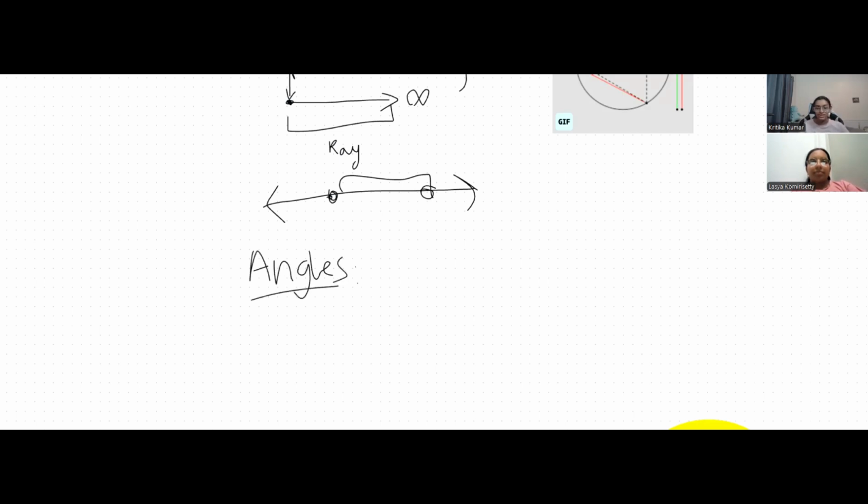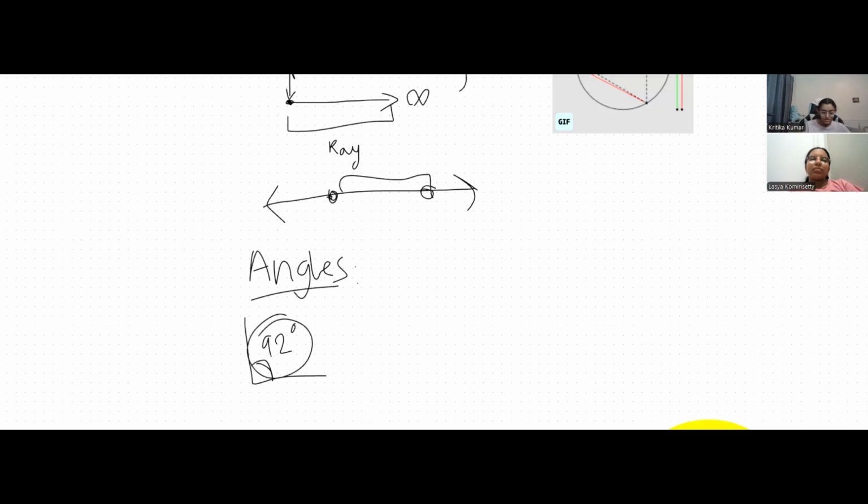An angle is basically something like this right here, and it's measured in degrees, which you would use a protractor to measure. Let's just say this is, for example, 92 degrees. That is an angle.